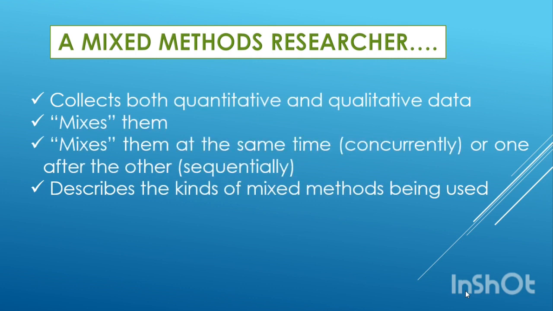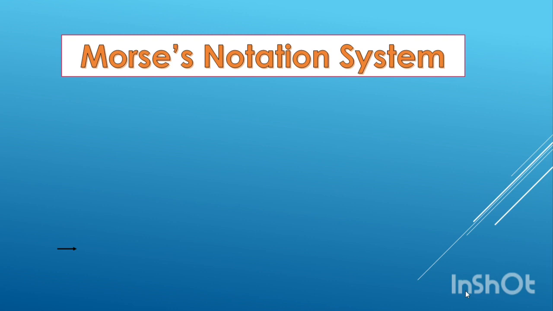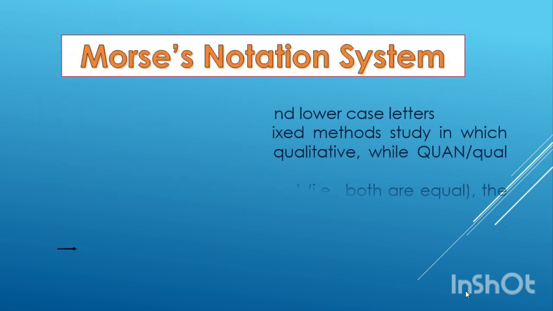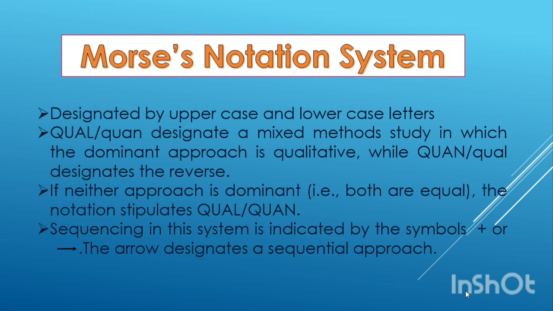Okay. A mixed method researcher, of course, collects both quantitative and qualitative data. You mix them at the same time or one after the other. You describe the kind of mixed methods being used. So we have here kinds of mixed methods. So first is Morse's notation system, designated by uppercase and lowercase letters.